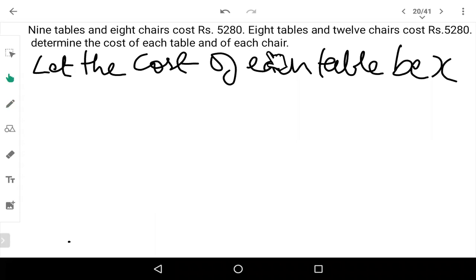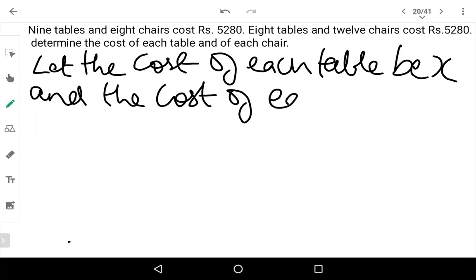So that is why we define the unknown part of the question first. Let the cost of each table be X and the cost of each chair be Y. So this is the first derivation we are supposed to do.